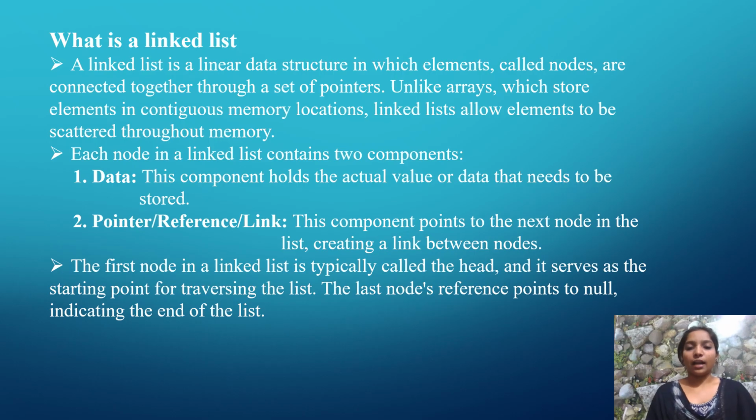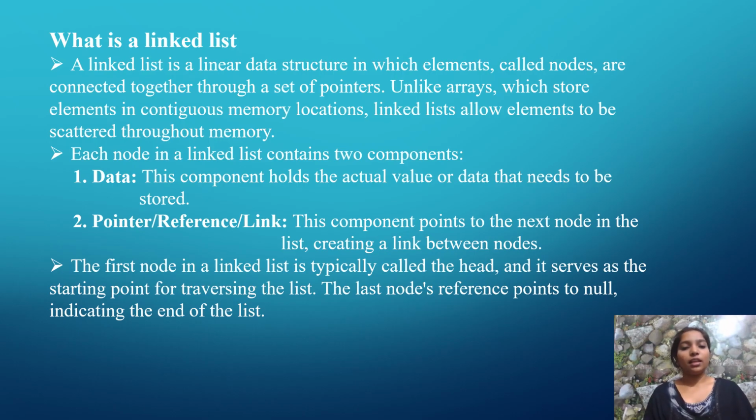Each node will contain two components. One is data and the next one is pointer. This pointer is also known as a reference or link. The data holds the actual value that is given as input, and the pointer links the nodes or elements in the list.